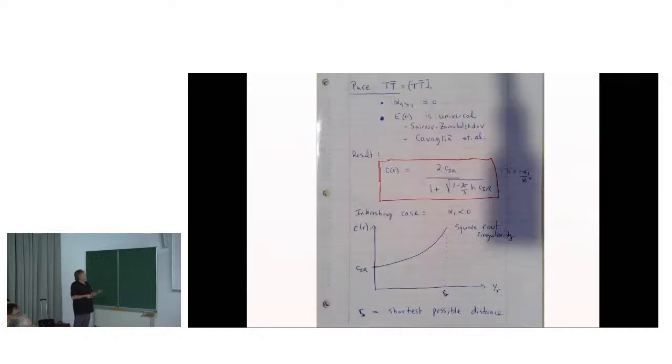Okay. So pure TT bar is very interesting, and many people in this room, I'm sure, know this, but let me remind you. I set all the higher TT bars to 0, so there's one coupling, the leading one. Then it turns out the ground state energy is universal.